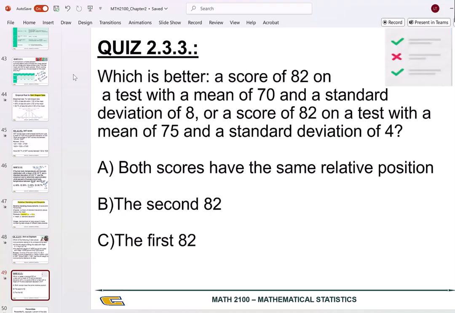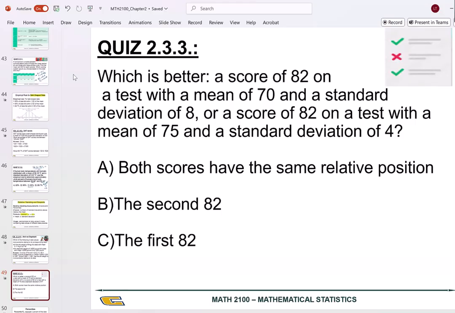Same here, another quiz. Look at this quiz. Which is better? You score 82 on a test where the whole class has a mean of 70 and standard deviation of 8. In another test, you also score 82, which is the same, but in this test, the class has a mean of 75 and standard deviation of 4.